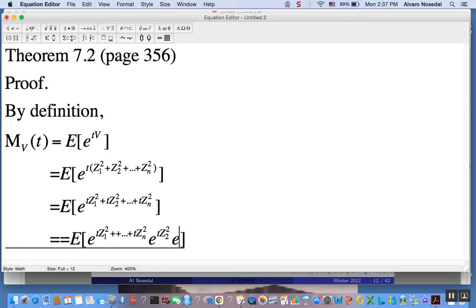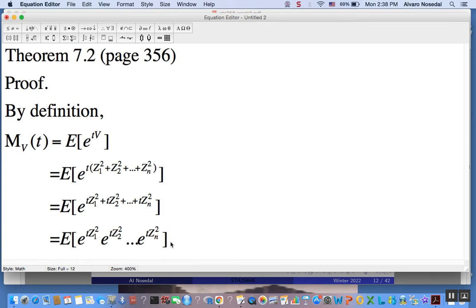You guys agree? So the expected value of e to the power t times Z1 squared plus t times Z2 squared plus dot dot dot plus t times Zn squared is the same as the expected value of this product of exponentials.